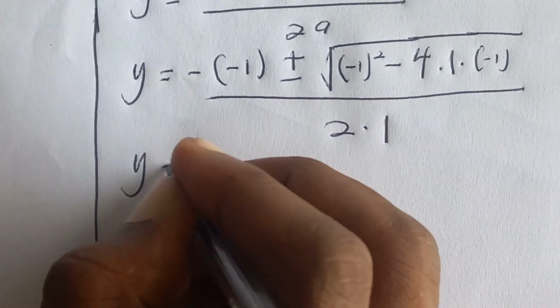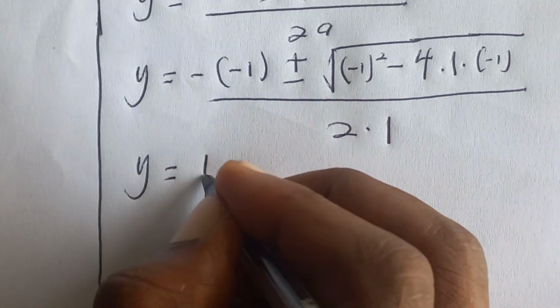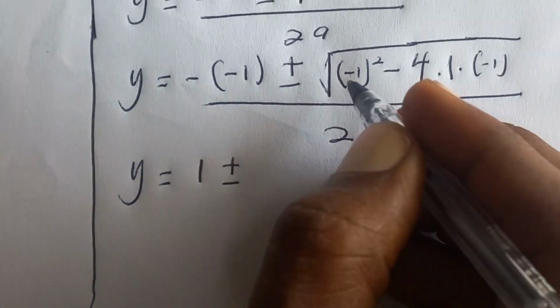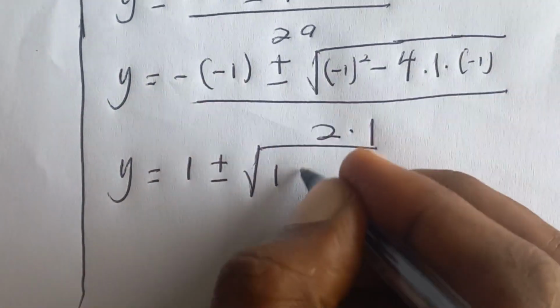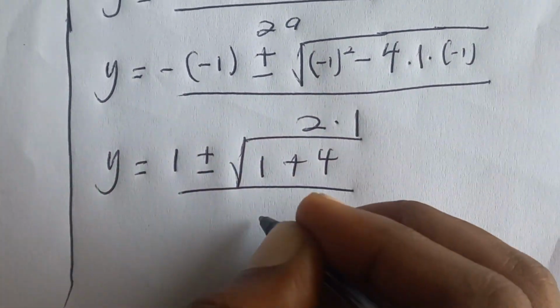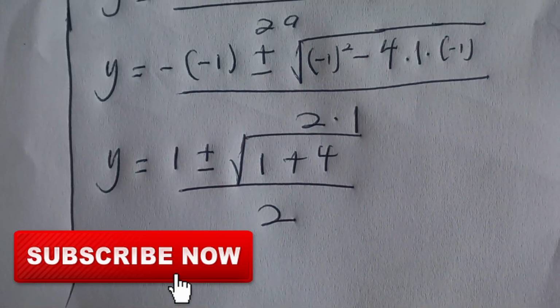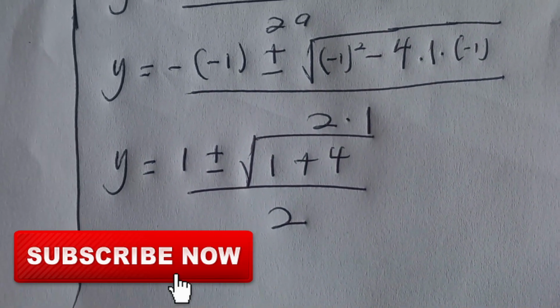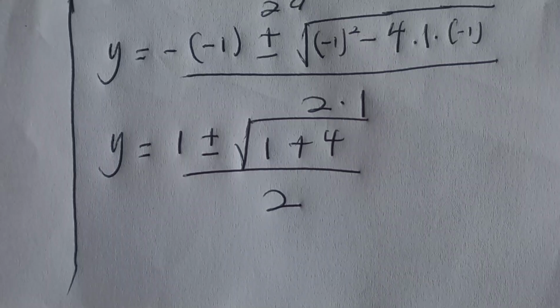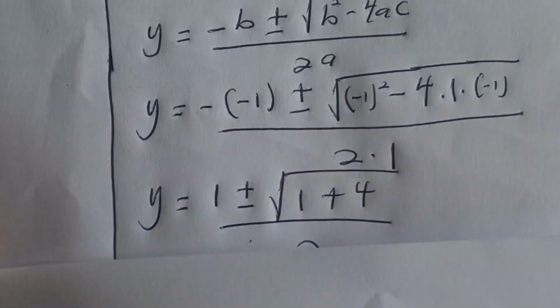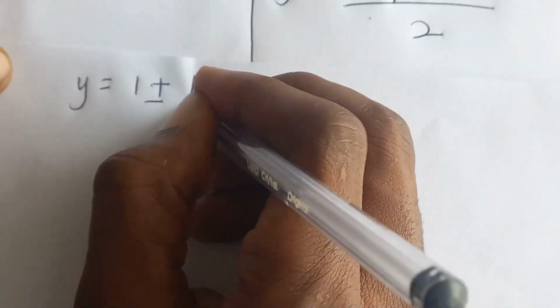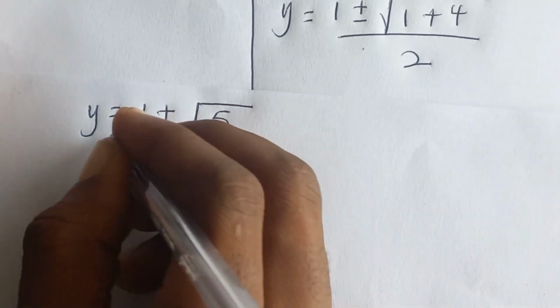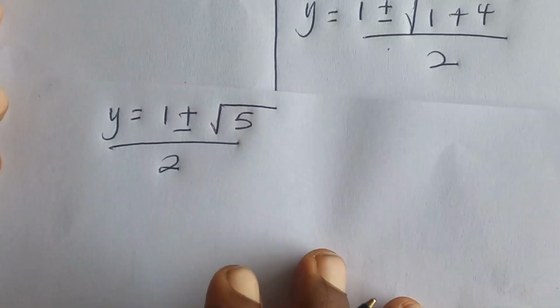So our y is equal to, this one will give us 1 plus or minus square root of 1 plus 4 on 2. Okay, so our y is equal to 1 plus or minus square root of 5 all over 2.